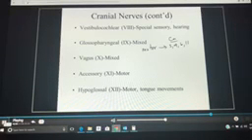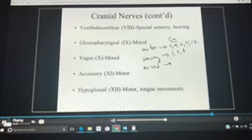Pure sensory, cranial nerves 1, 2, and 8. Mixed, we have 5, 7, 9, and 10. So a quick summary of what's motor, what's sensory, and what's mixed.